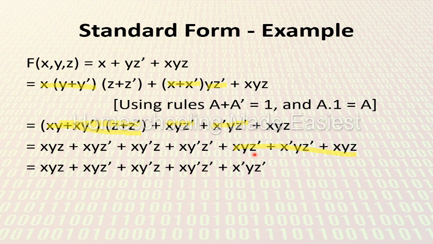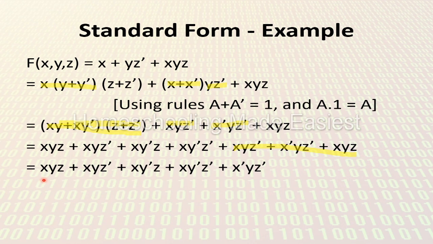The next term, xyz prime, is exactly the same as this, so we do not copy it. The next term is x complement y z complement. There's no duplicate in the previous terms, so we just copy it. And the last term xyz is exactly the same as the first term, so we don't copy it. We only write the term once.